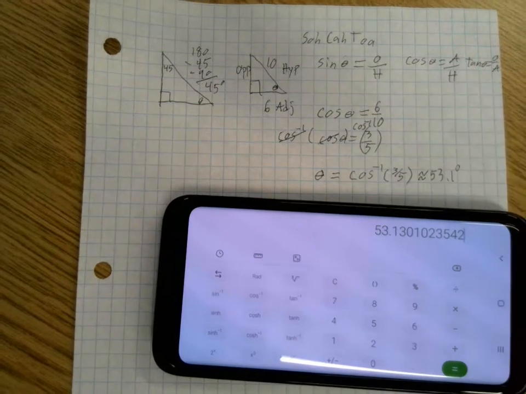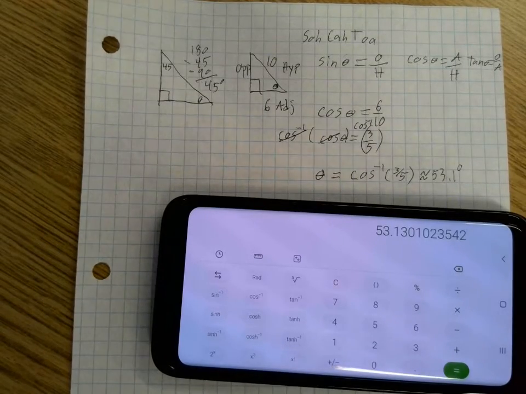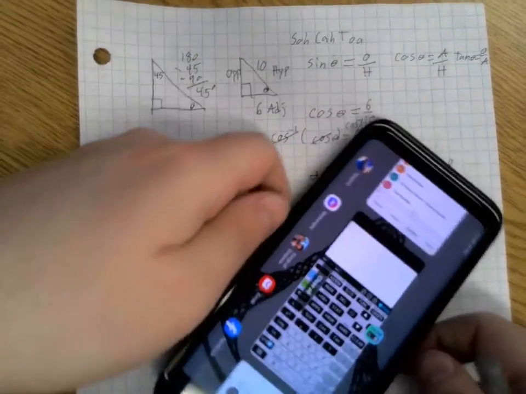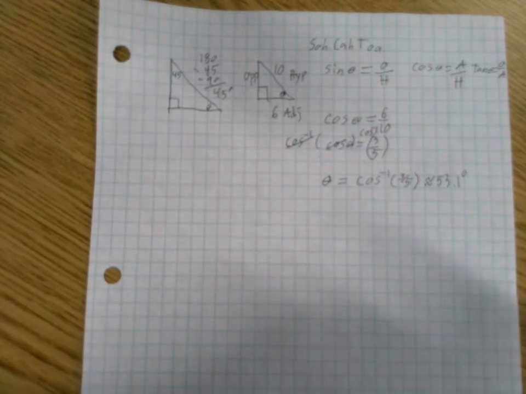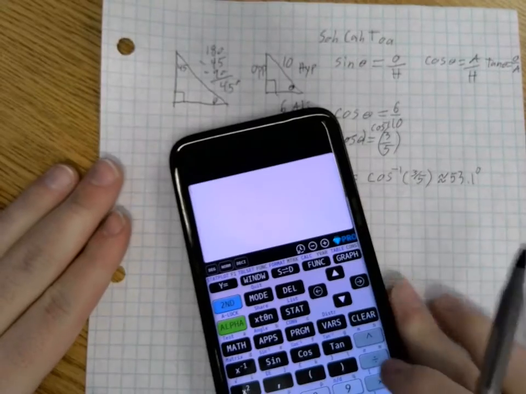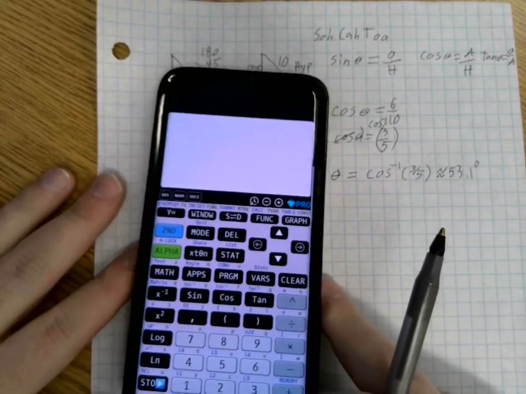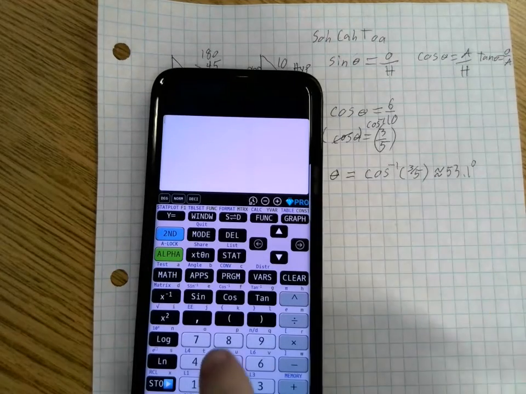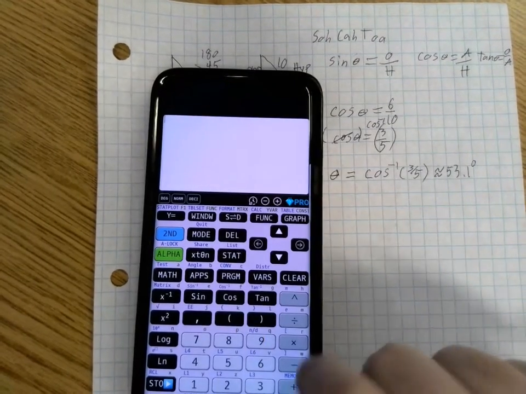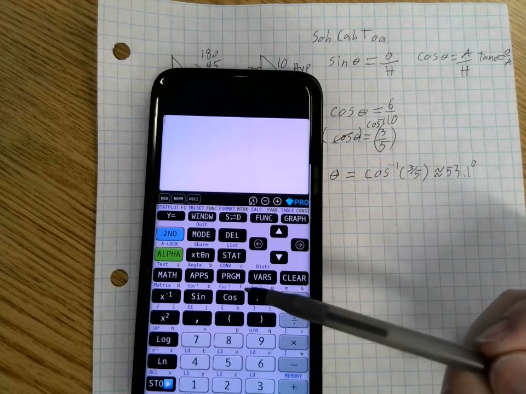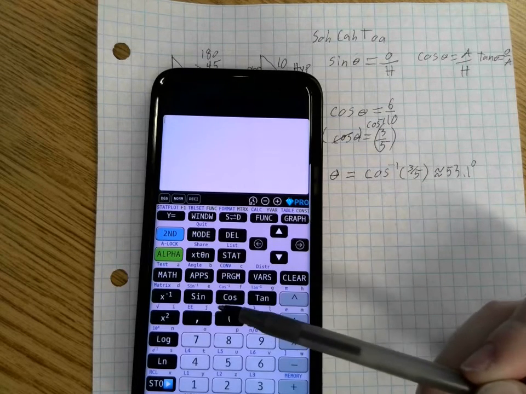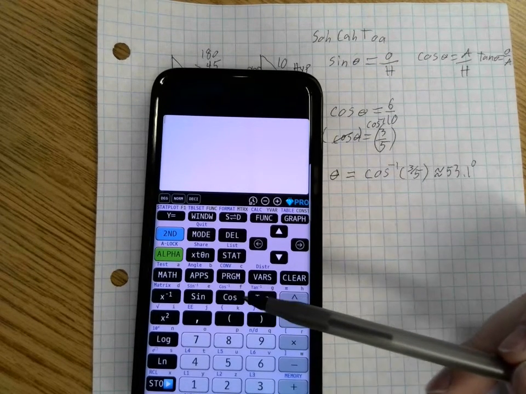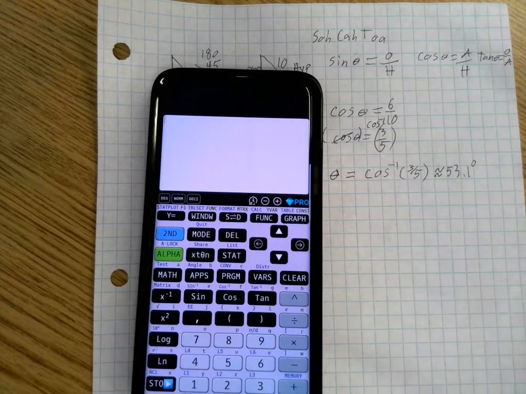Now, if you're using an actual calculator, let's switch my phone around. This is that Calculate 84 app I mentioned in a video ago. To bring up the inverse trig function, if you look here, right above tan, cos, and sin, you'll see sin⁻¹, cos⁻¹, tan⁻¹.